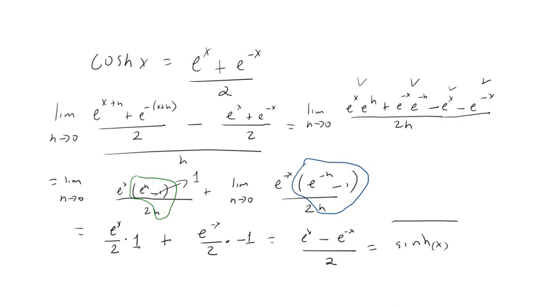So that means that the derivative of cosh x is sinh x, hyperbolic sine. Notice here you have a plus and here you have a minus. So this is the sinh definition in terms of exponential functions. So it will be sinh x, our answer.